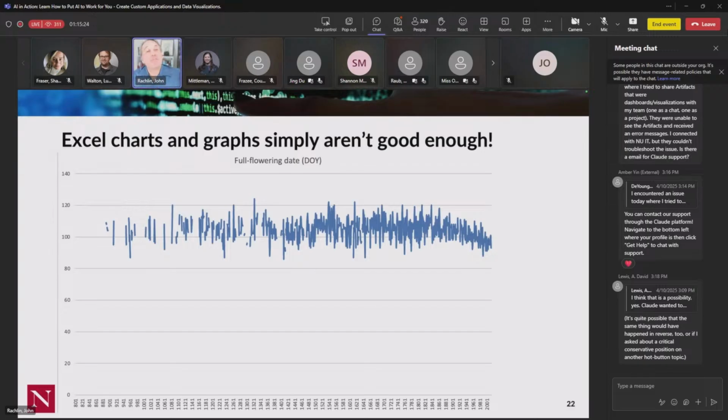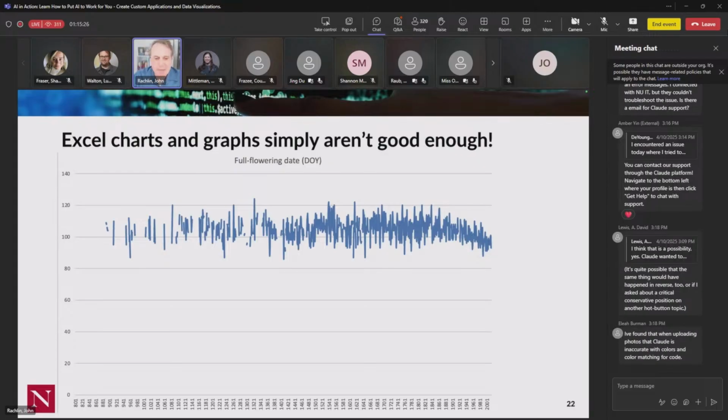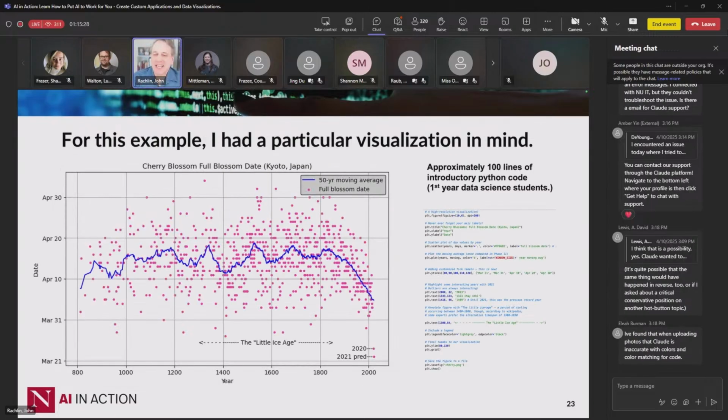But I did have something in mind, which is maybe something a little more like this. Now, this is the kind of visualization that first-year students in Python programming might be able to produce, right?